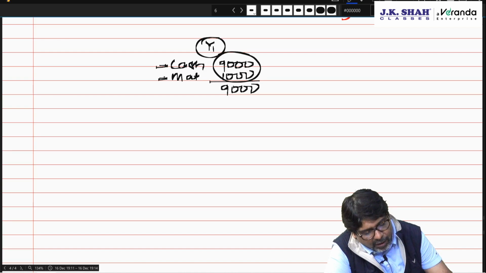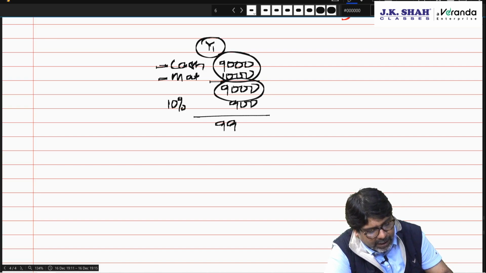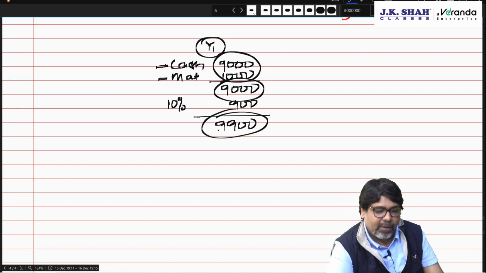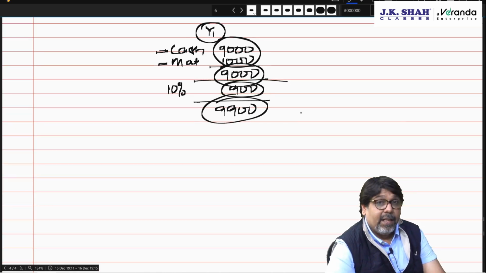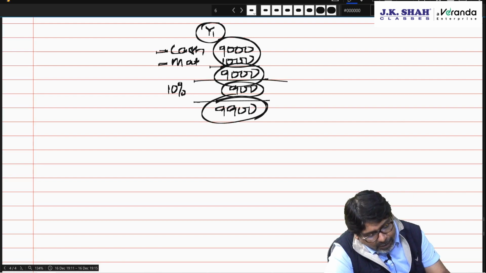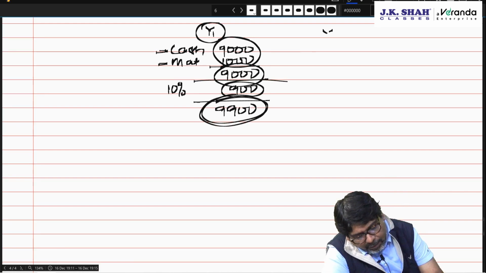Cash 9, non-cash 1. Now you will calculate interest on this. Money spent 10%, 1000. So total cost of construction 11,000. Work in progress ka cost is the cost, and the interest is capitalized. Correct, incorrect? So now what is the cost of the asset? When you start year 2.